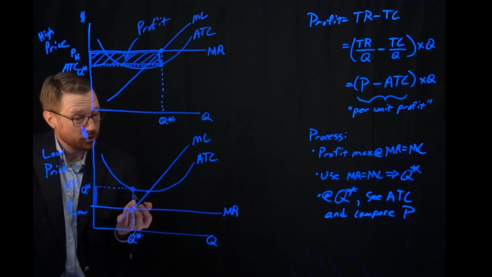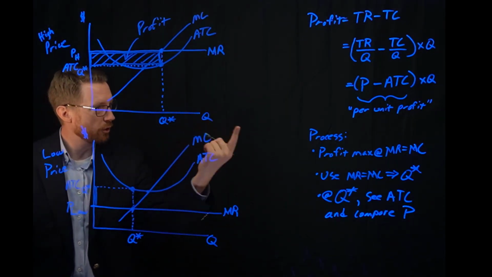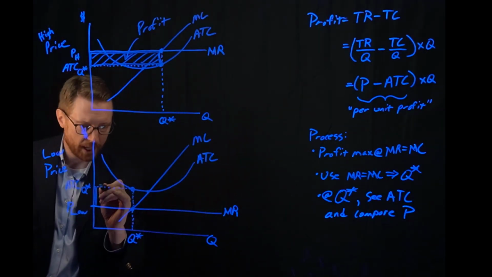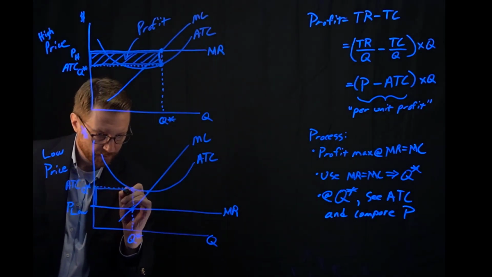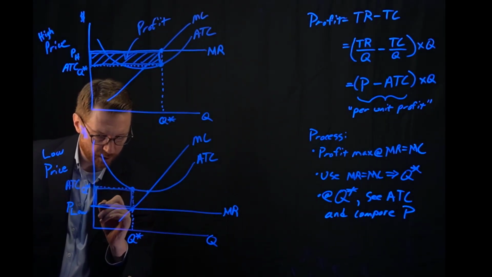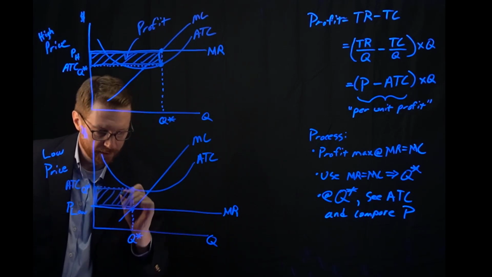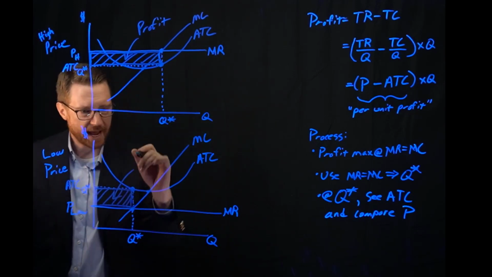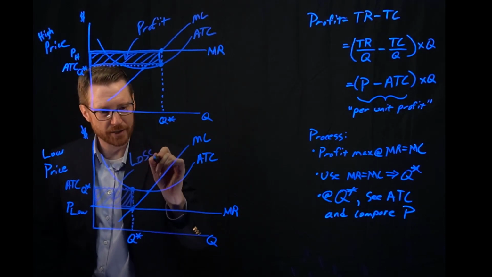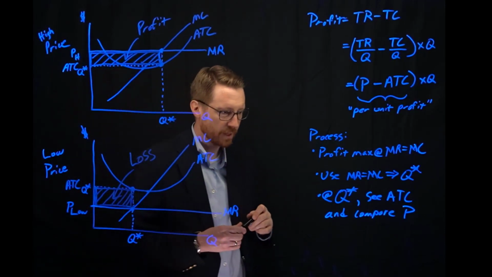And how much do they lose? We said it's their loss per unit times the quantity. All right, so times Q star, it's this rectangle. What is that? That's the firm's loss.